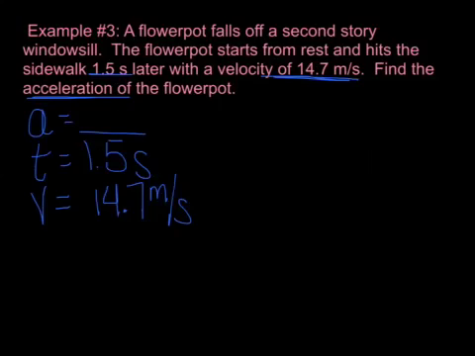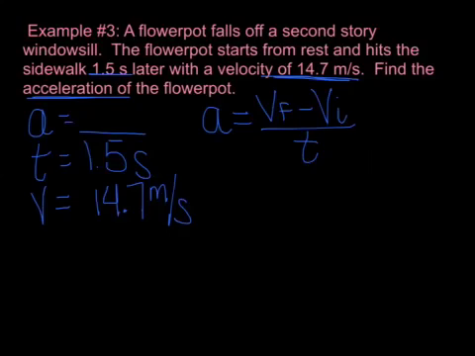Remember the equation for velocity says VF minus VI divided by time. Therefore, that means we should have been given 2 velocities. You can't have more than one unknown in a problem. So we need to figure out where the other velocity is.